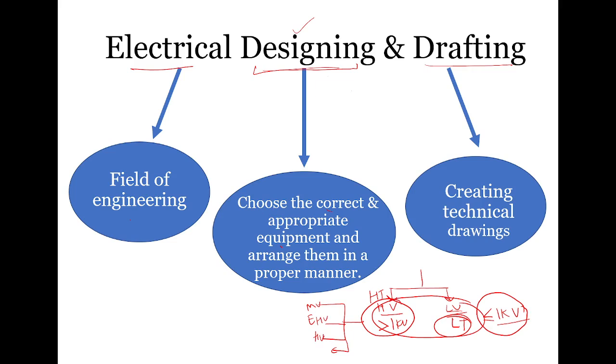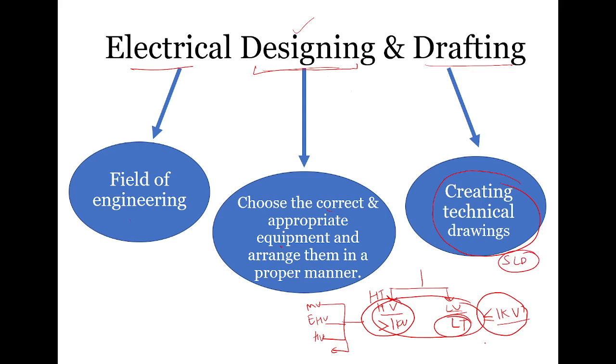I'm coming to that after this. So designing is the name of selecting or choosing the correct and appropriate equipment and arranging them in a proper manner. Then after this, drafting is the name of creating technical drawings. Like you already know, the SLD.